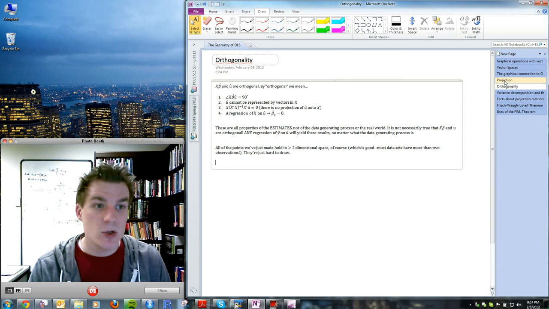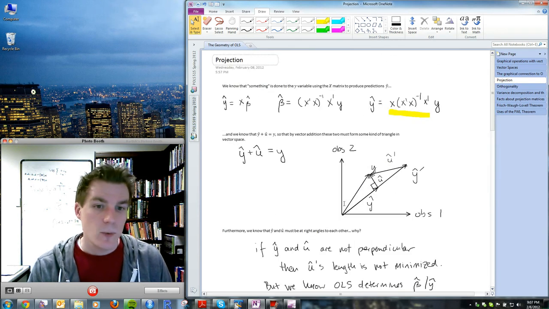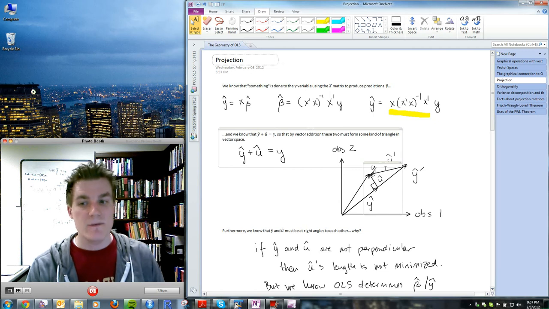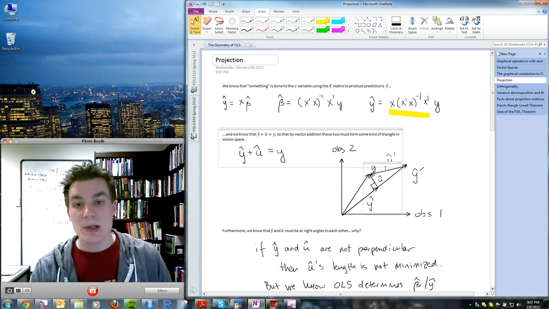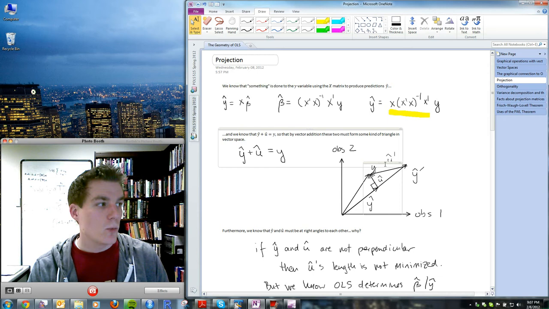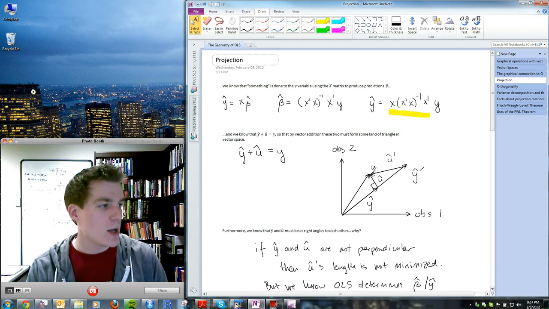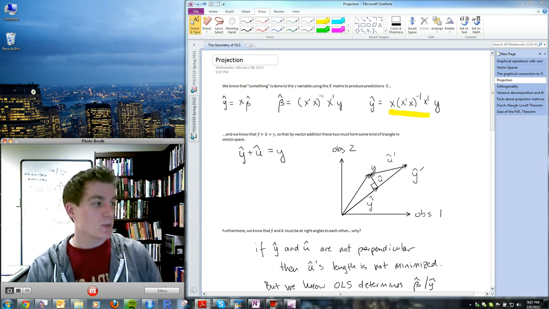And I hopefully convinced you of that up here when I showed you this little diagram demonstrating that if that were not so, the length of u hat would be too long. It would be longer than it needed to be, and therefore u hat would not be minimized as ordinary least squares, as we showed last week, does.